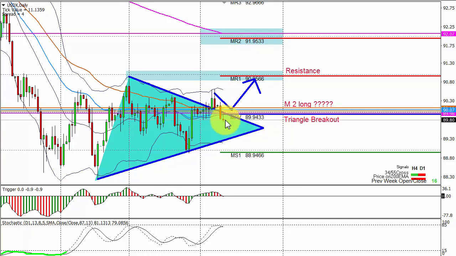We might as well just have a M2 short where price can pull to this area. If it doesn't close above this 55 at 90.11, there might be the situation with price doing this for a possible M2 short. So take note of that. Not very clear on that one because we're whipsawing through all those EMAs.